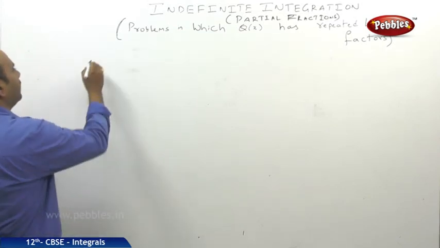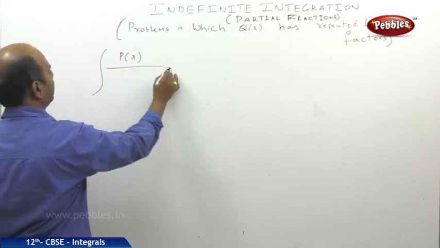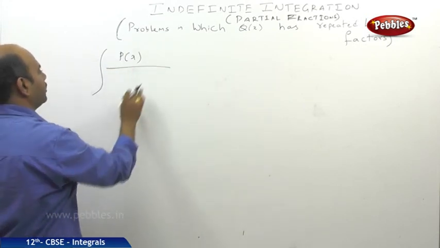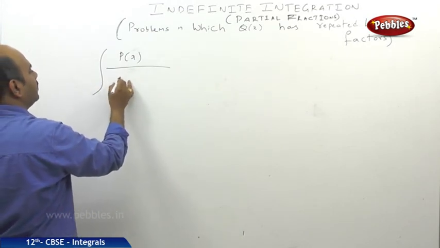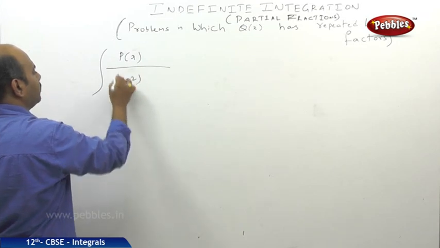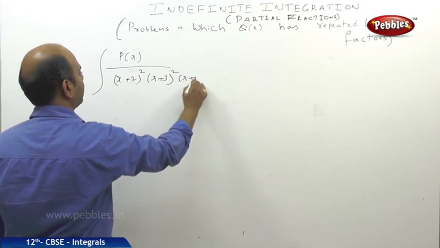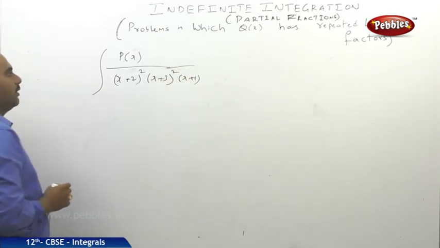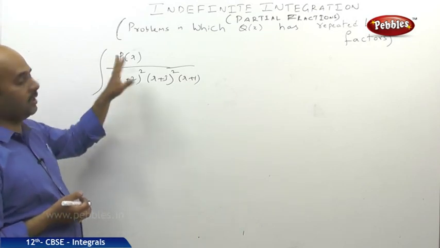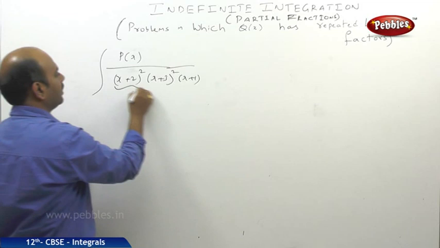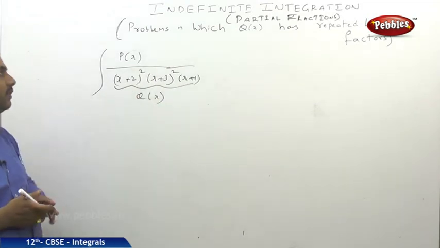Suppose a problem is given to you: evaluate the integral of p of x divided by some other function, where p of x means any function, divided by an expression of the form (x plus 2) whole square into (x plus 3) whole cube into (x plus 1). So whenever you find this kind of problem where the degree of p of x is less than the degree of q of x, this one I consider as q of x. We need to observe carefully this particular q of x.